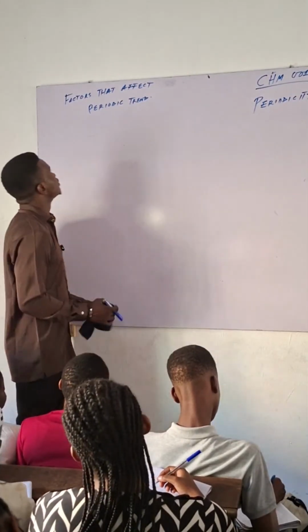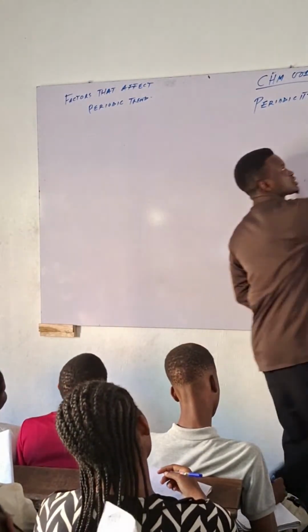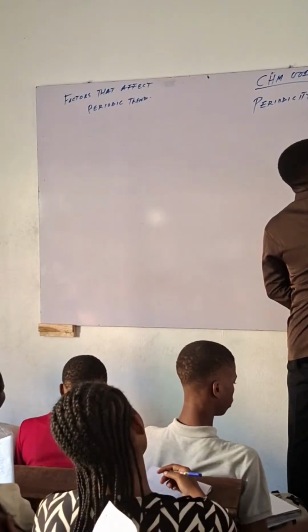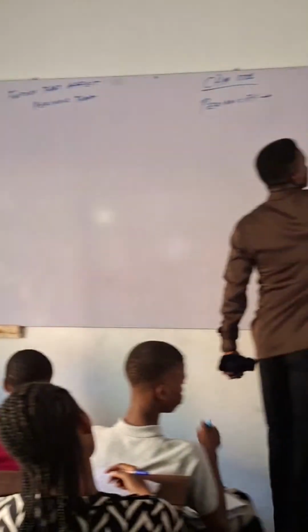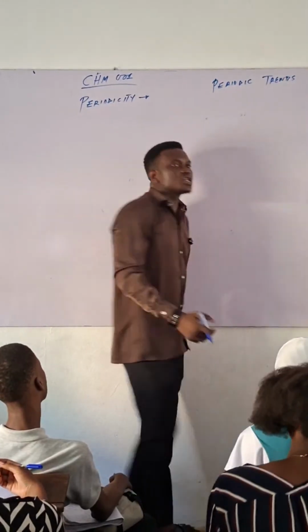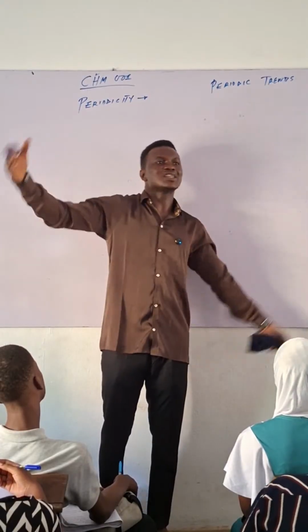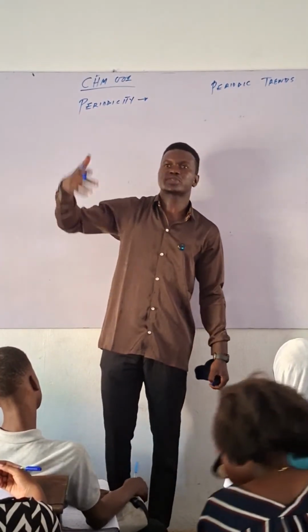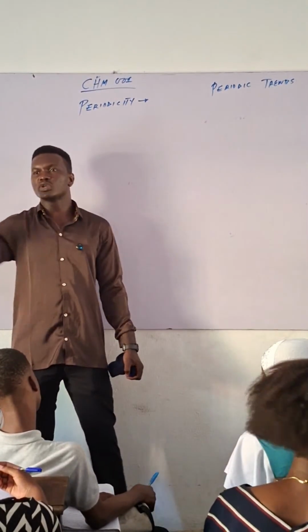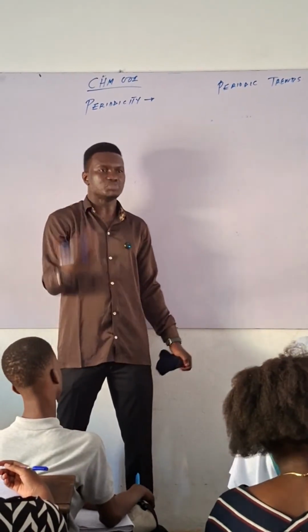Let's move on. So there's what we call the periodic trends. Periodic trends are like the periodic properties. All of the things that determine the attributes and characteristics of those elements on the periodic table that will make them behave the way they behave.